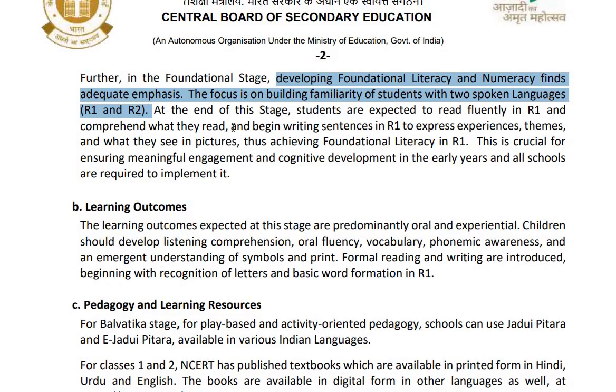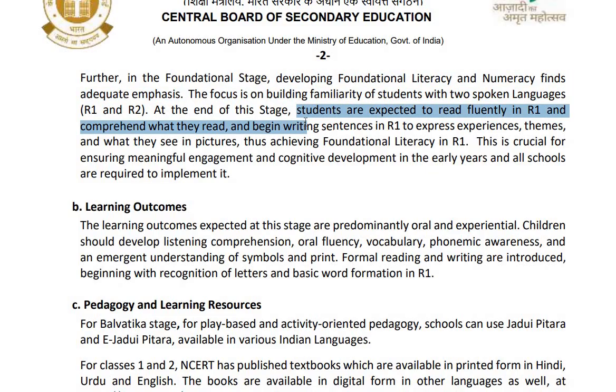At the end of foundational stage, students are expected to read fluently in R1 and comprehend what they read and begin writing sentences in R1 to express the experiences, themes, and what they see in pictures, thus achieving foundational literacy in R1. Learning outcomes.